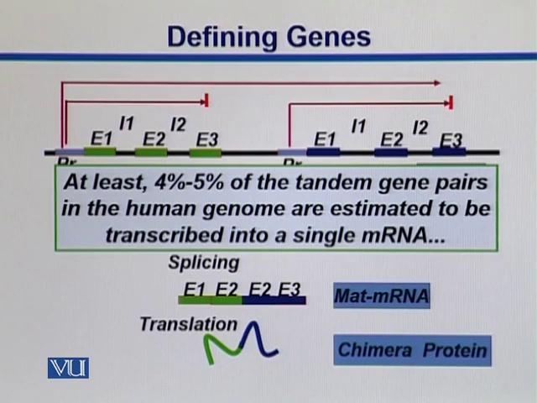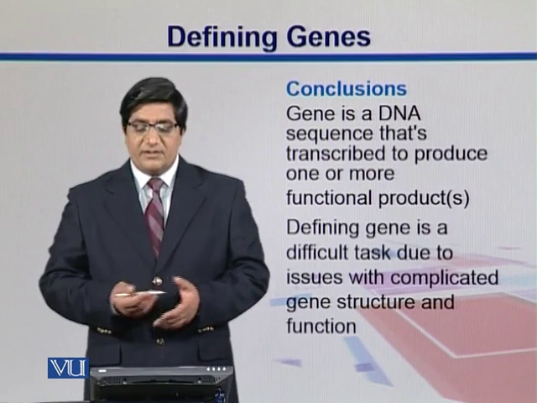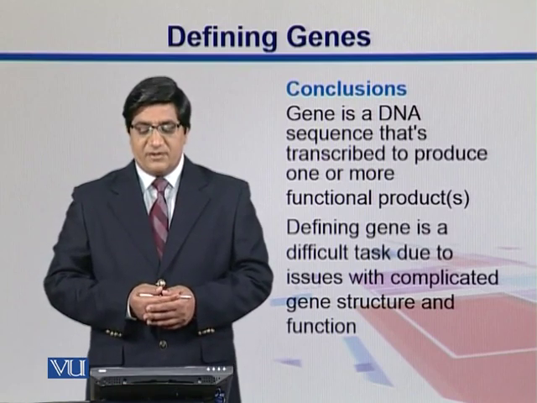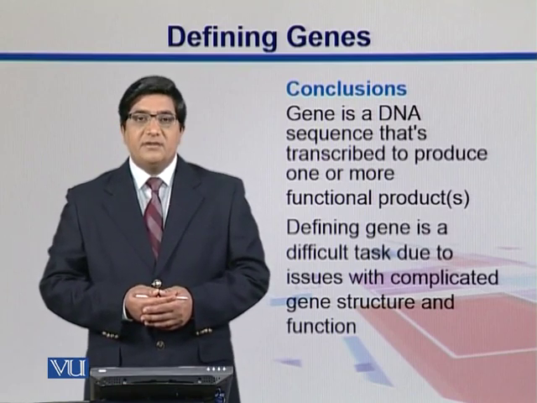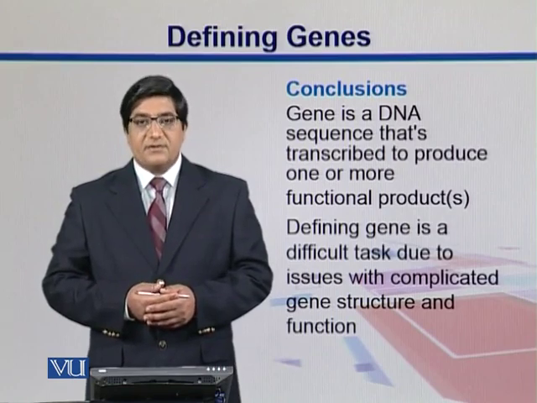That is the situation where chimeric products are there, and these kinds of events make gene prediction hard. A gene is a sequence of DNA that is transcribed to produce one or more functional products, and we see in this section that defining a gene is a hard task, and it's difficult due to issues with complicated gene structure and function.